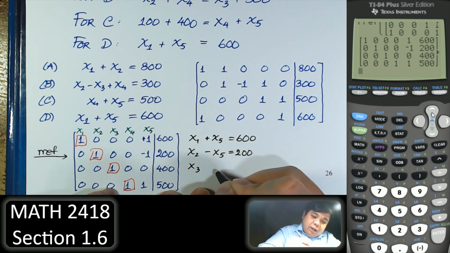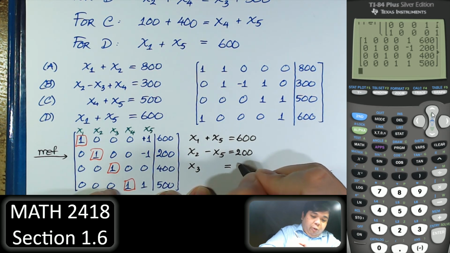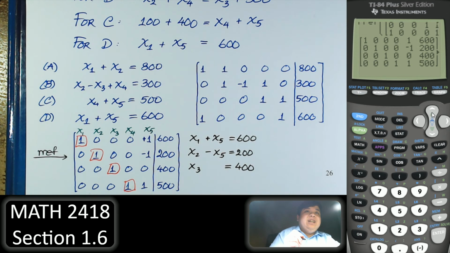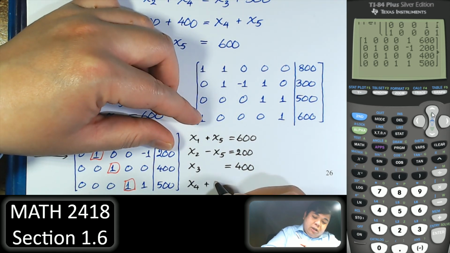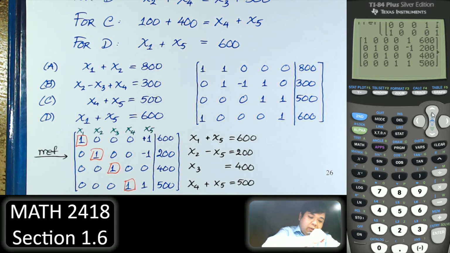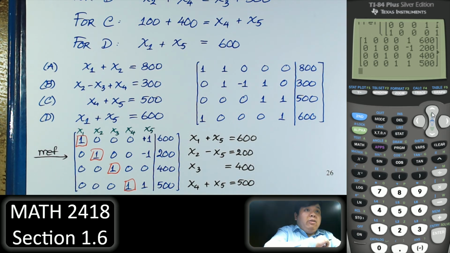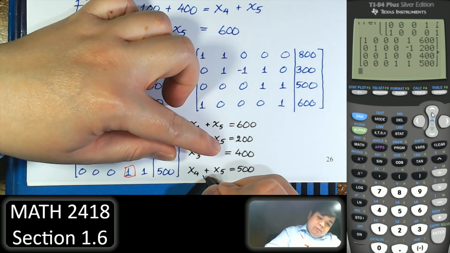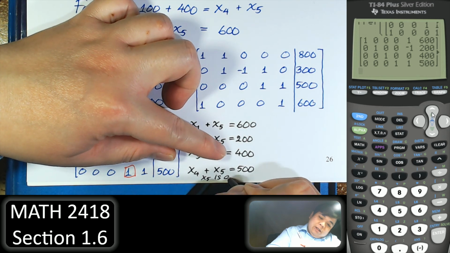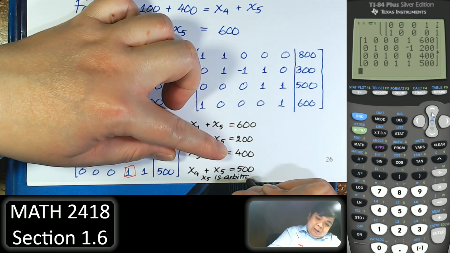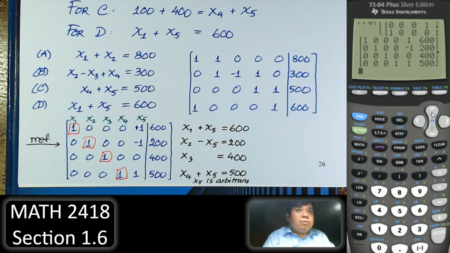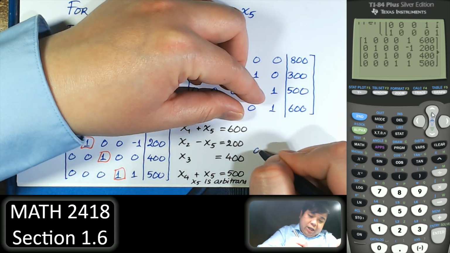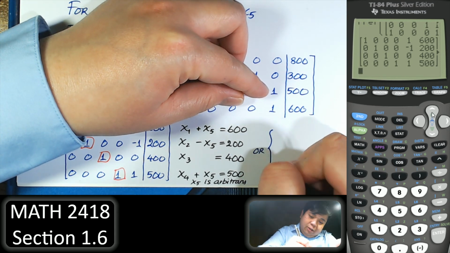x3 is 400. We do have x4 plus x5 is 500, and then x5 is arbitrary. Or we can just put that in the system.